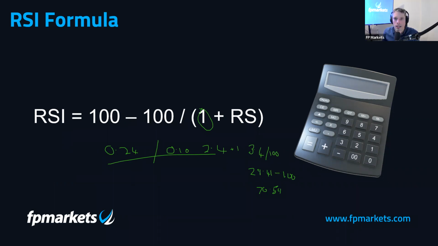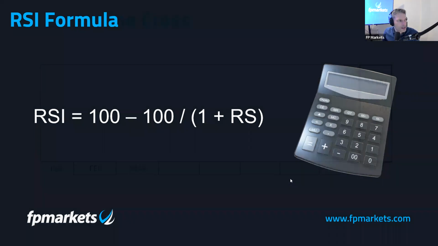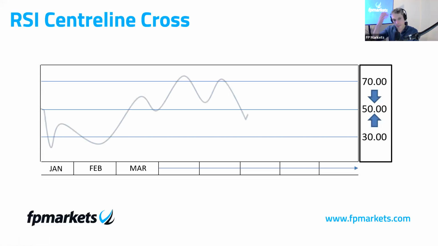So let me just clear this mess, and we'll get moving on. With that out of the way, if you're going to use the indicator, you'll need to hone in on the various methods used by professional traders. So first up, defining the trend or current movement.